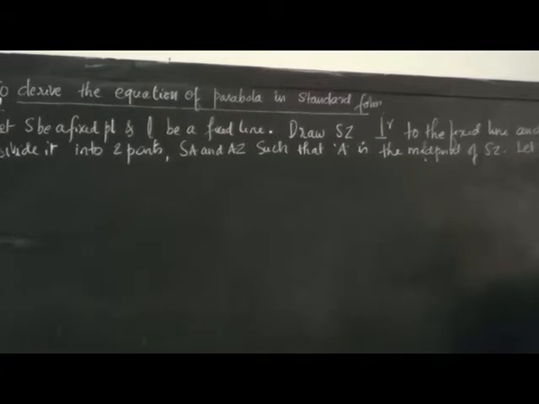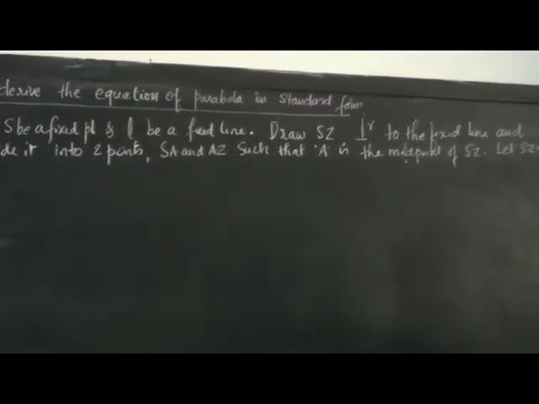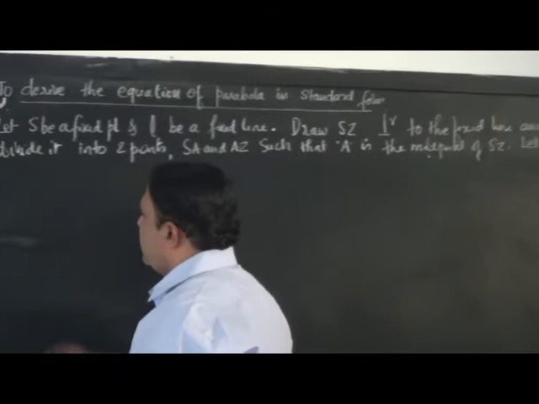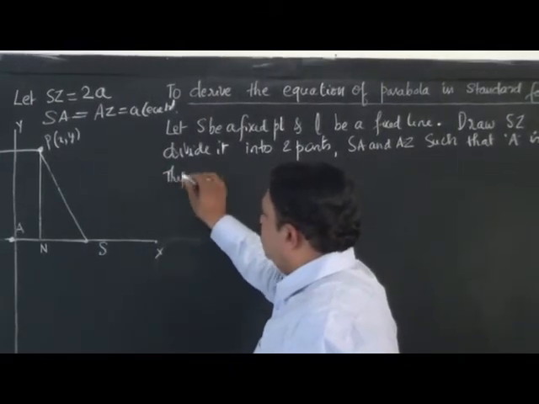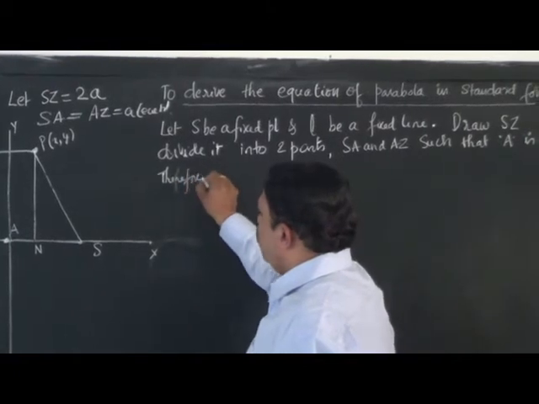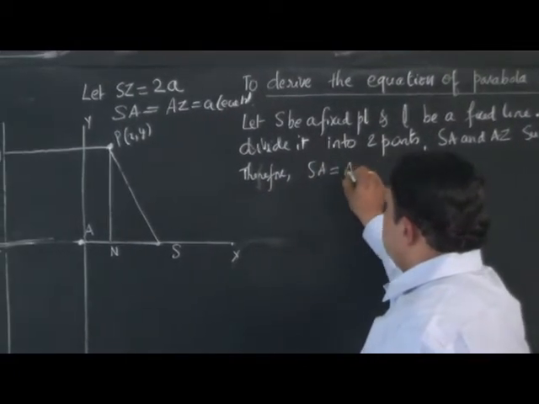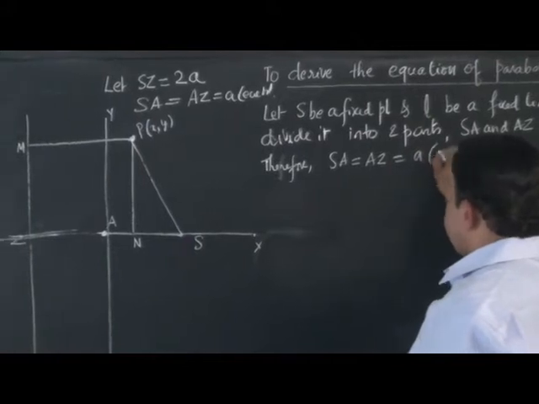Let SZ be equal to 2A. Therefore, SA equals AZ equals AH.